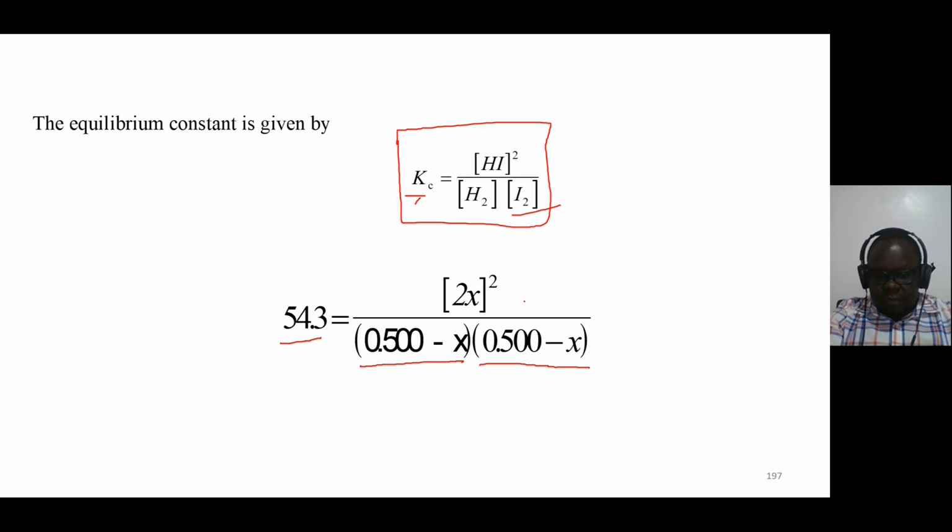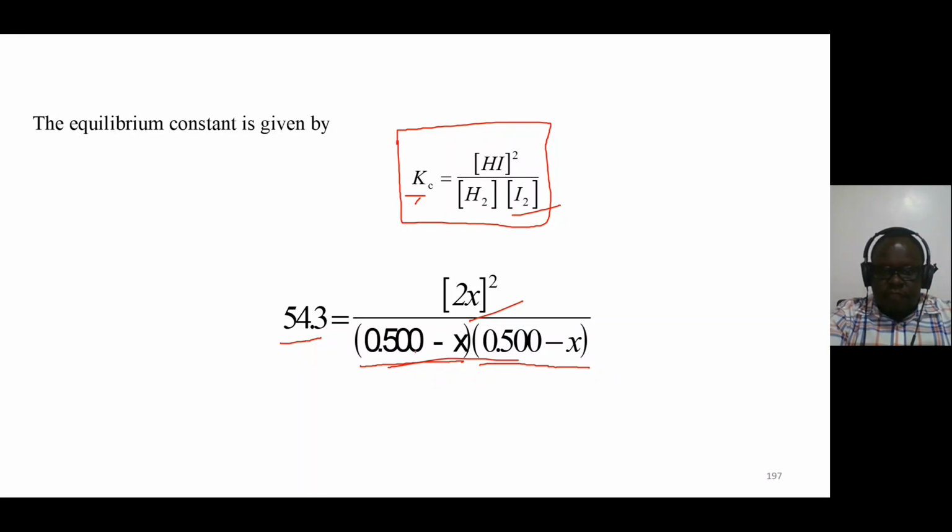Now you notice something here. The numerator and the denominator are both squares of a particular value. So this one is a square of 2X, and the denominator here is the square of 0.5 minus X. So that means this simplifies our quest to find X. We can just find the square roots of both sides.